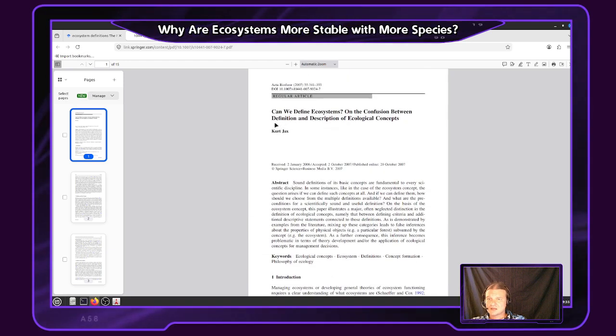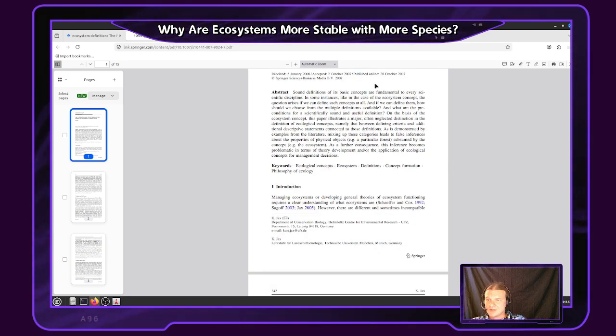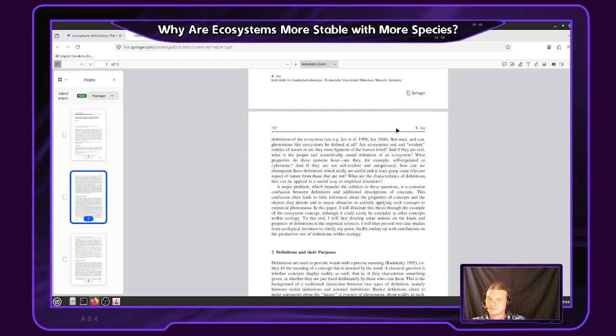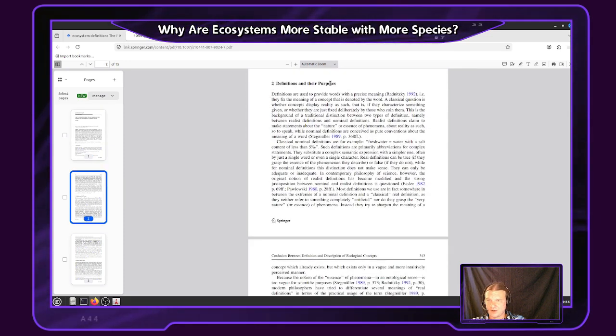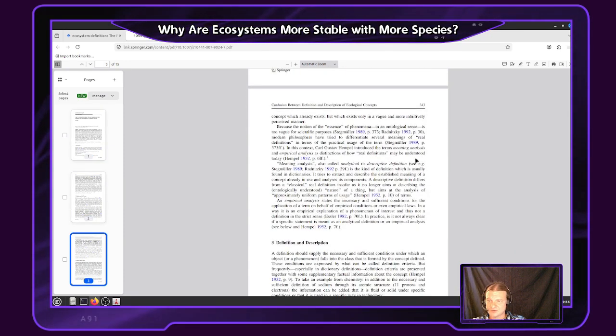So we've got this. This is Acta Biotheoretica. That's not a journal I'm that familiar with. But let's see. Sound definition of its basic concept is fundamental to any scientific discipline. That is a statement. There will be some arguments about that, but we would like to try to define our terms. So let's see, we've got philosophy of definitions. That might be interesting for a different question.